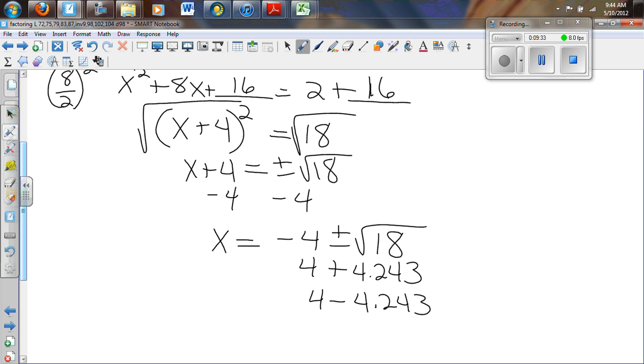And again, that's an approximation. So the top one is approximately going to be 0.243. And the bottom one is going to be negative 8.243. So those are approximations because the square root of 18 does not have a rational answer to it.